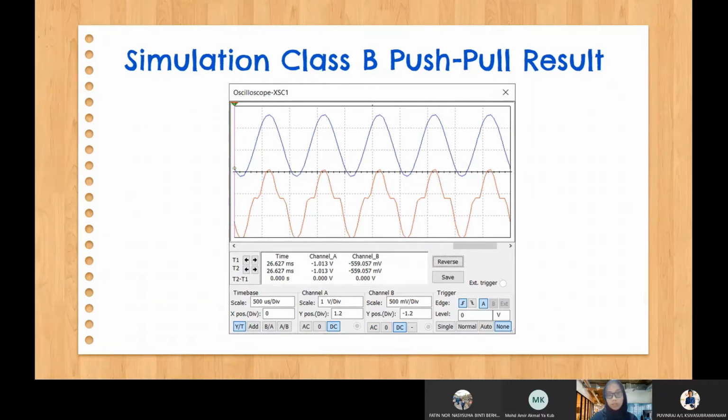Because in a push-pull circuit, it uses two transistors. And at the crossover distortion, the two transistors are off, because it is changing between on and off. And it is also because of the 0.7 volt at VBE.